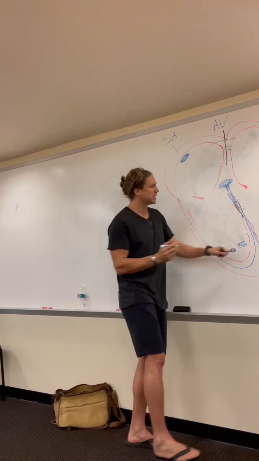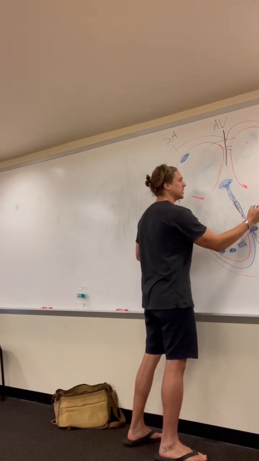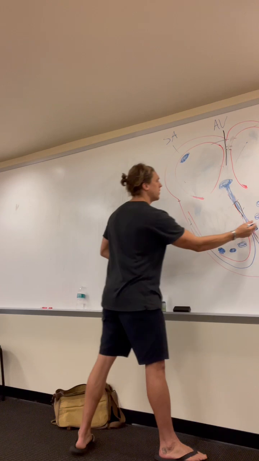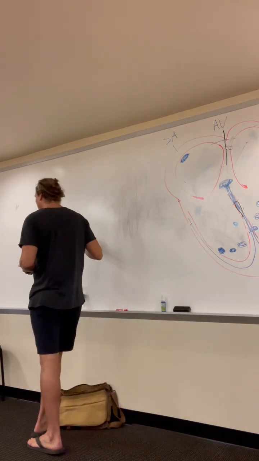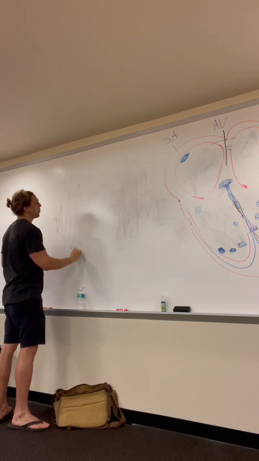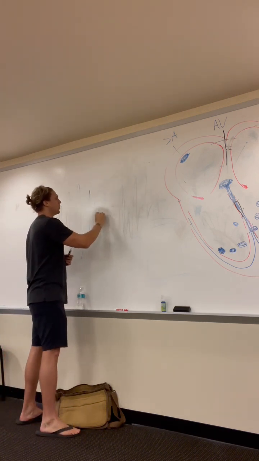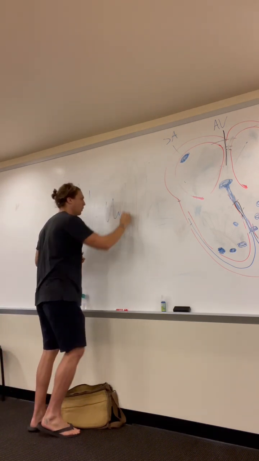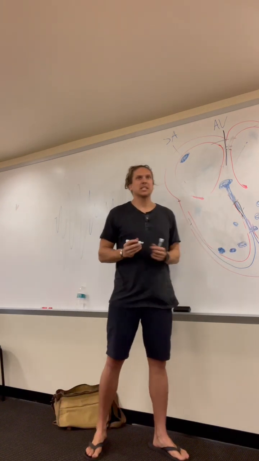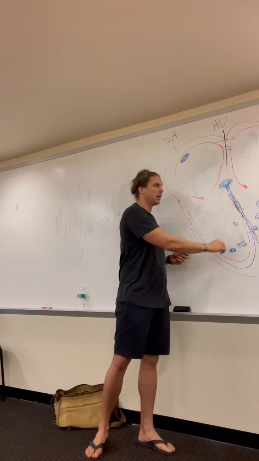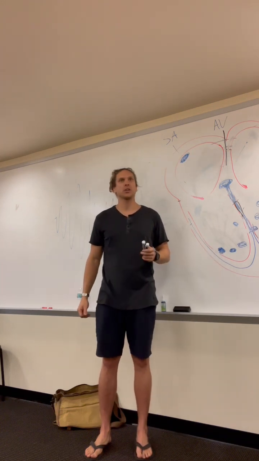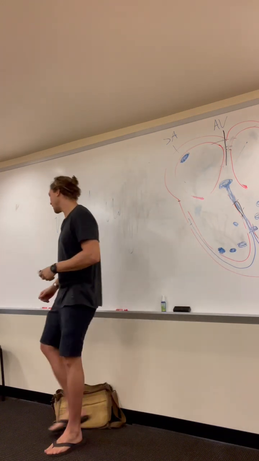This one beats, this one beats, this one beats, then this one, and this one, and this one, and this one, and then it causes a twisting of the points. So you get your crescendo, decrescendo, maybe a little one, and then a bigger one, okay? These are just taking turns, and it's twisting or moving of the points, points being the foci in the heart, twisting of the points, torsades.